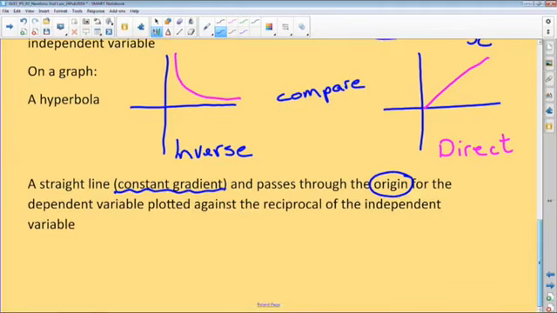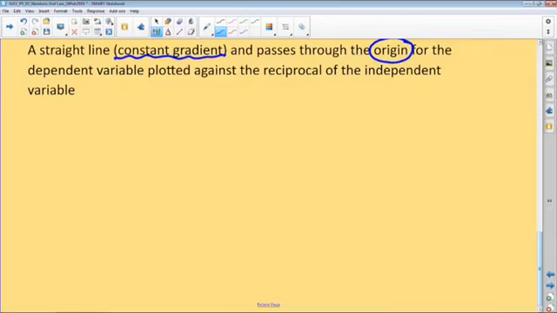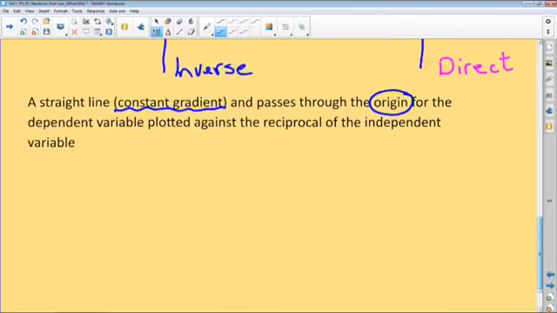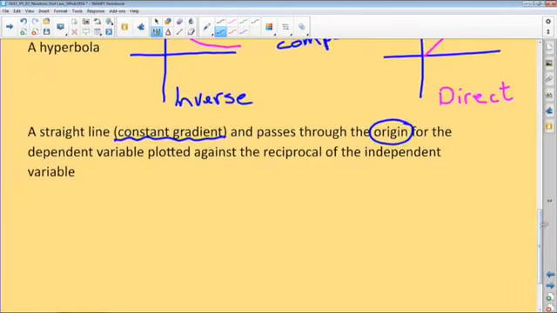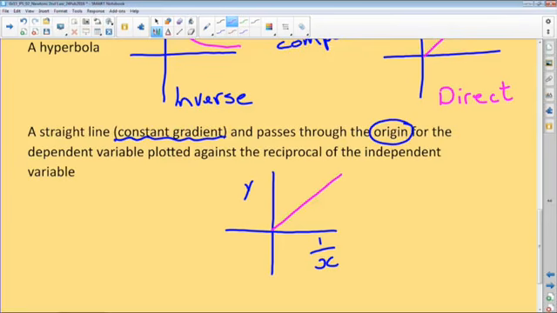If it's plotted for the reciprocal, I'm going to draw that down here. If it's plotted for the reciprocal, I'm going to have my value, and the 1 over, remember, was reciprocal, and that is going to give me my straight line.